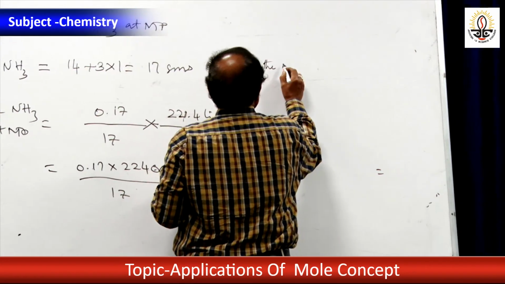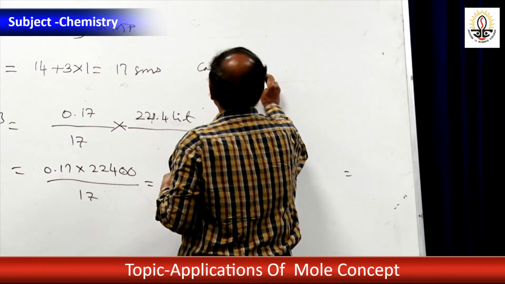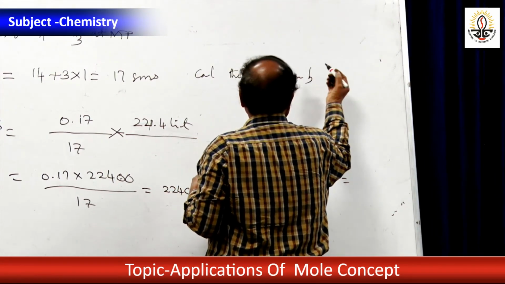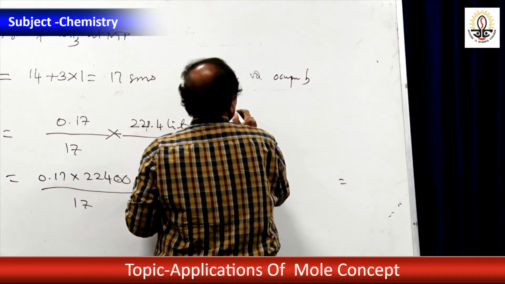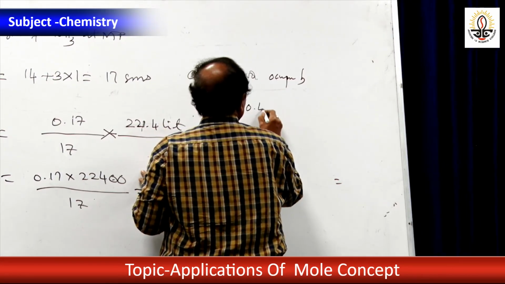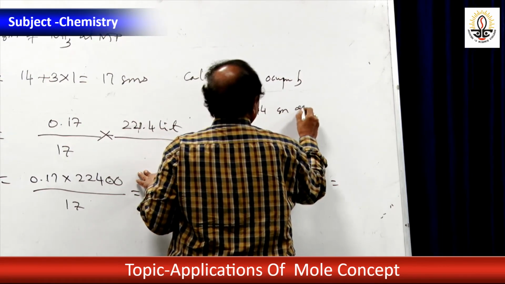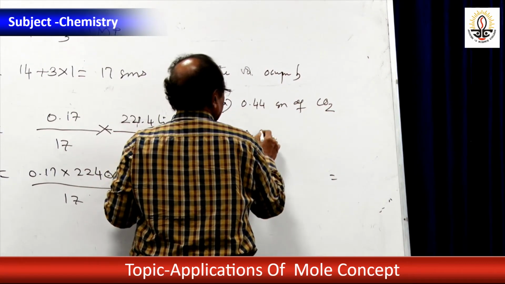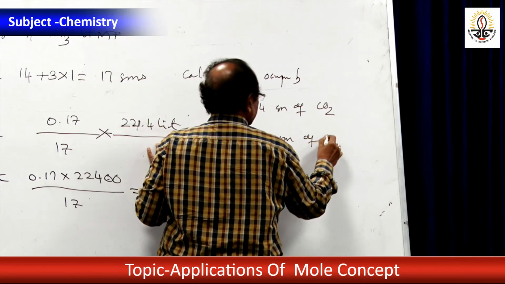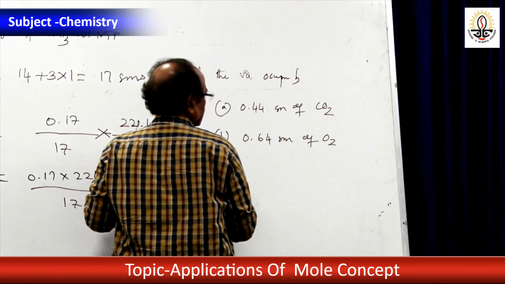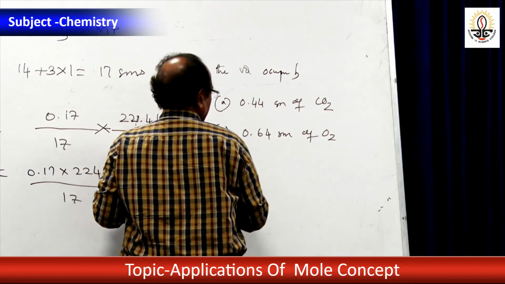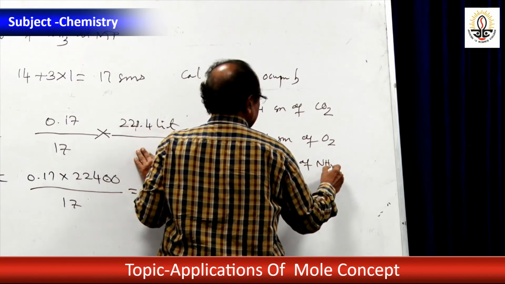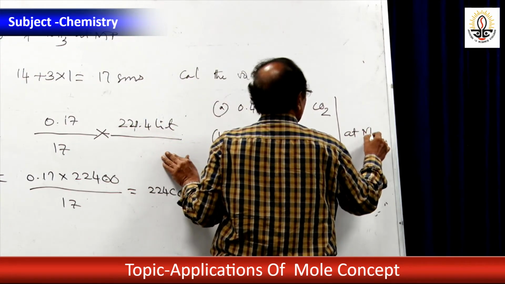Calculate the volume occupied by 0.44 gram of carbon dioxide, 0.64 gram of oxygen, and 0.28 gram of ammonia at NTP. This is the homework I am giving you.